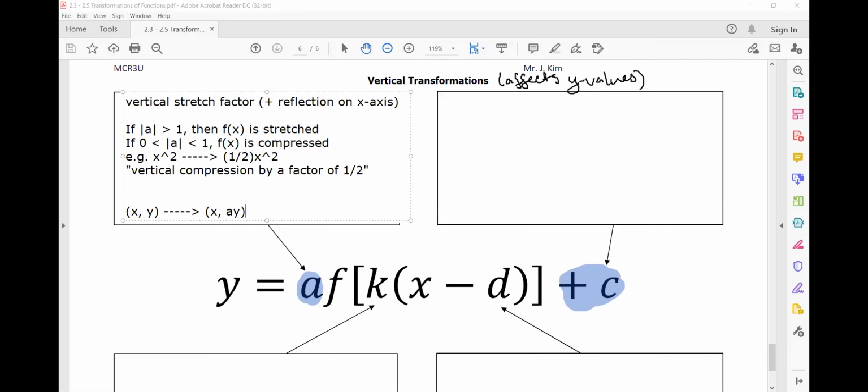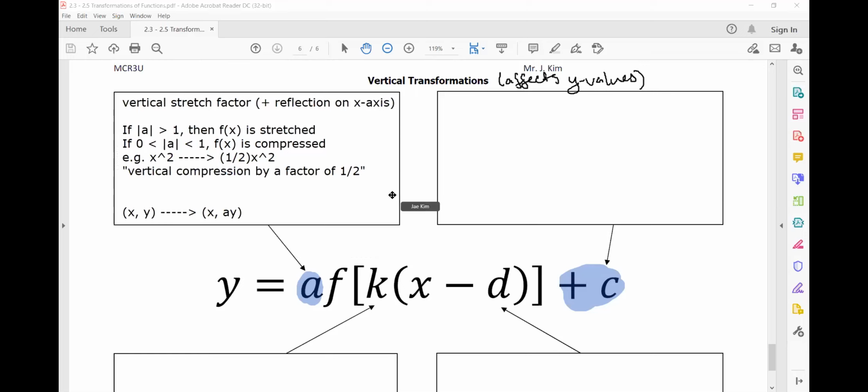I'll pause right there. What do you think? This is everything that we've been doing in our diagrams, in our examples. I'll give you a chance to think about it. Any questions for the vertical stretch factor? No?